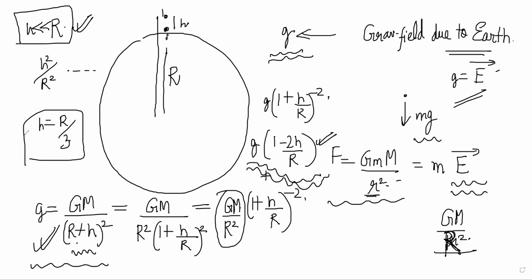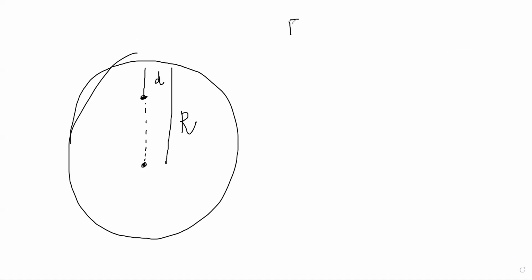On the other hand, if the particle is coming down into the earth by a distance d, where capital R is the radius of the earth, what is the field here? This is the case of inside a solid sphere. Field inside a solid sphere is given by GM small r by R cube, according to the formula that we have derived.